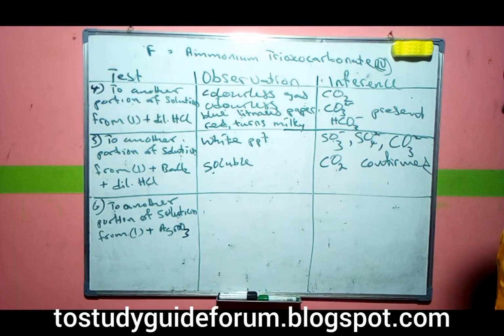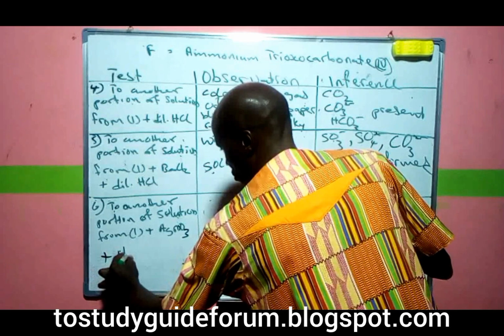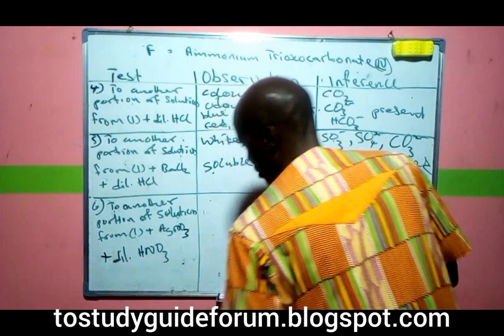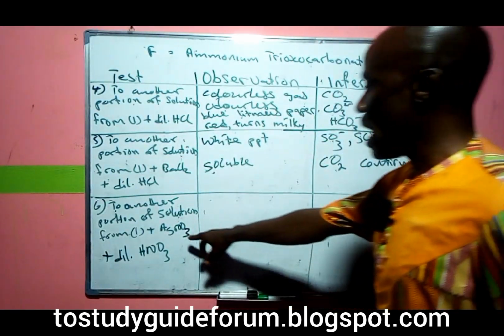The same test can be carried out using silver trioxonitrate 5 solution, and you can also add dilute trioxonitrate 5 acid.